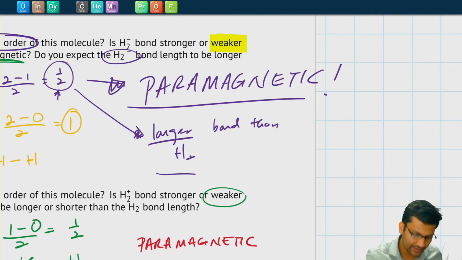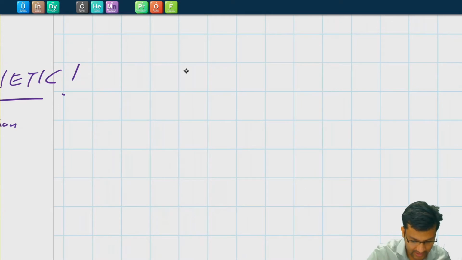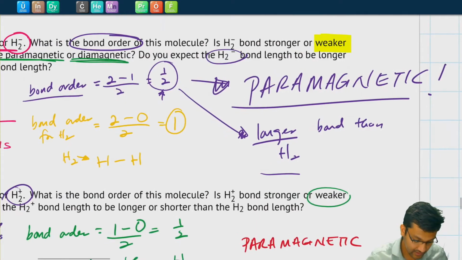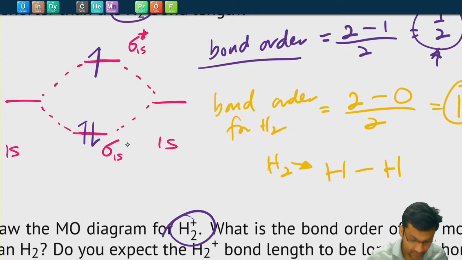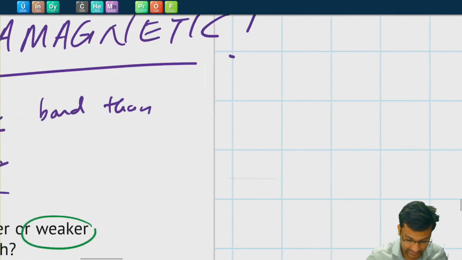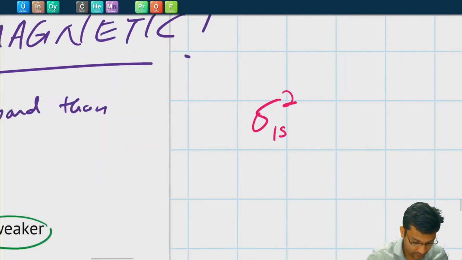Okay, so what about the electron configuration? We know that in atoms, we write the electron configurations like 1s2, 2s2, 2p, and so on and so forth. And that's for atoms. But now we have molecules with molecular orbitals. So what would their electron configurations be? Well, it would be the same thing, right? We have a sigma orbital, that's the label, sigma 1s, and it has 2 electrons in it. So we'll write it like sigma 1s with 2 electrons.